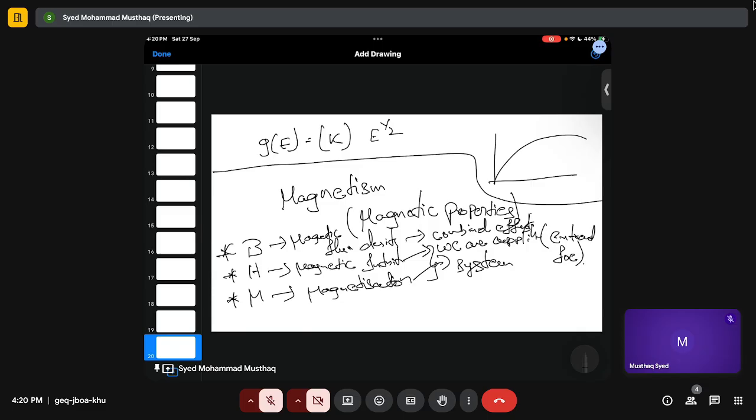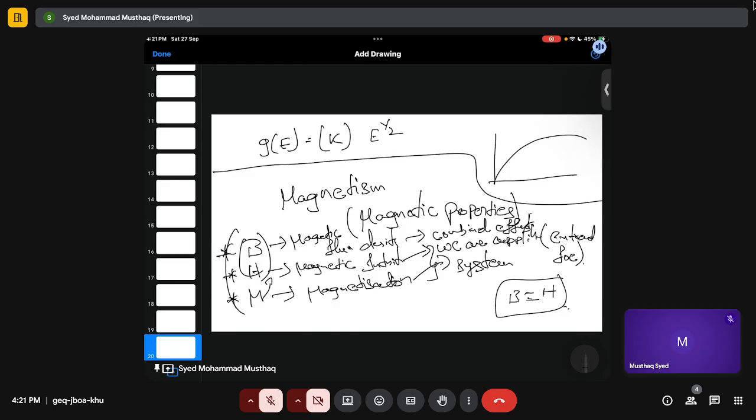Right. I hope I am clear, because these two are the most confusing. When to use which, where to use which, is a very confusing part. If my M is not interacting with my H, my external field, then B is nothing but H, and you can replace B with H. That is one case.